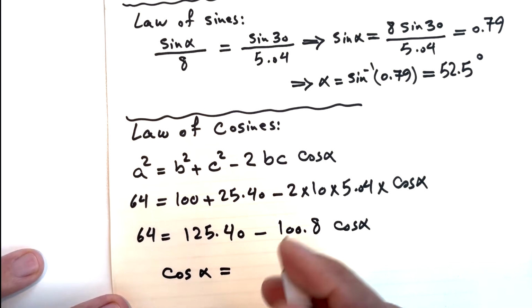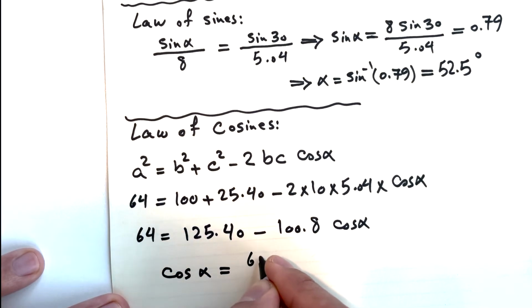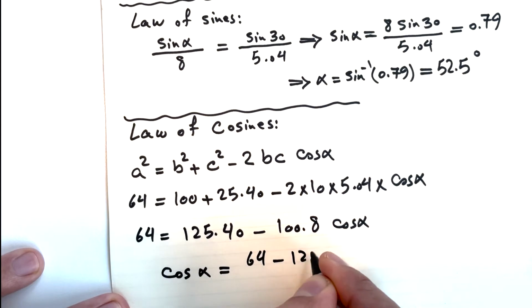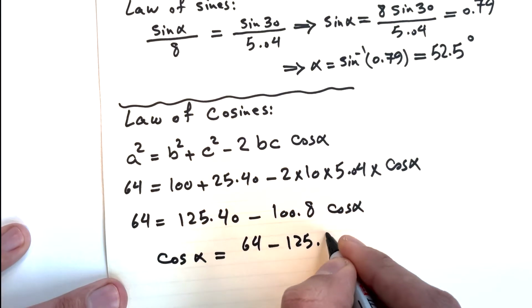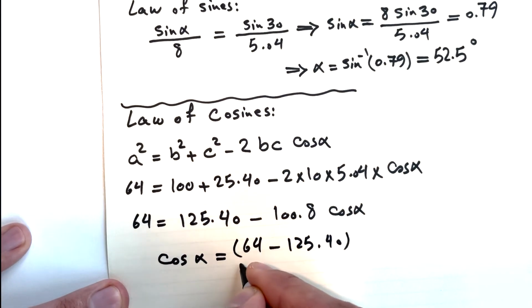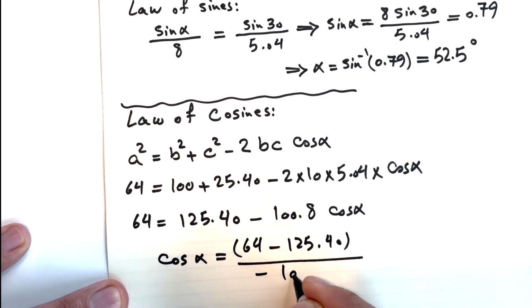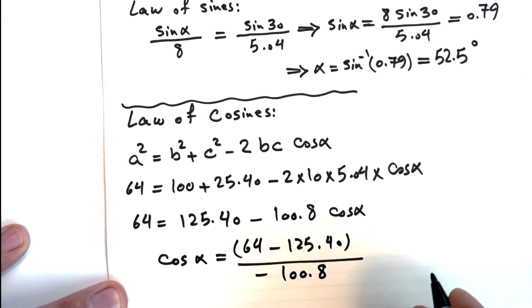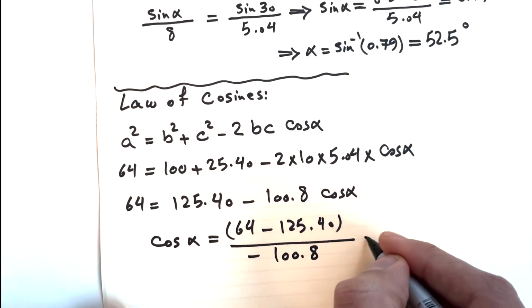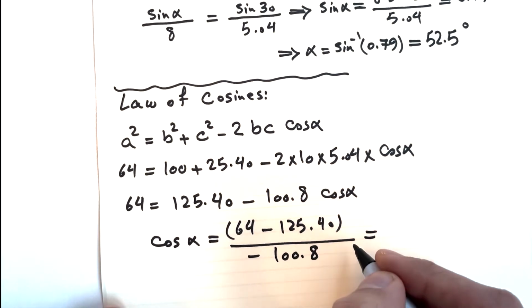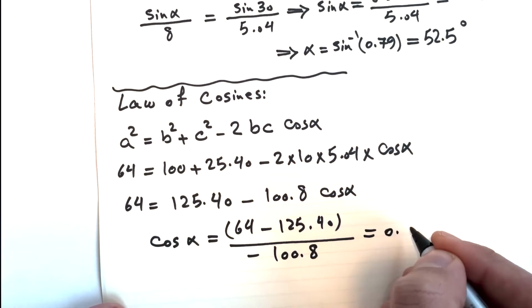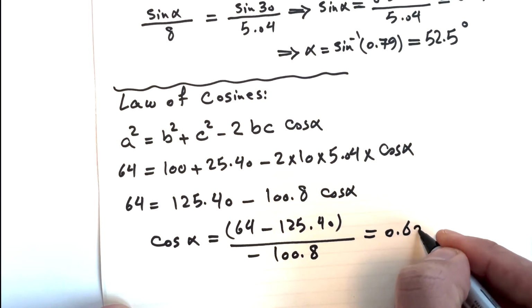which means cosine alpha is 64 minus 125.40 over minus 100.8, which the value of this fraction will be 0.60.